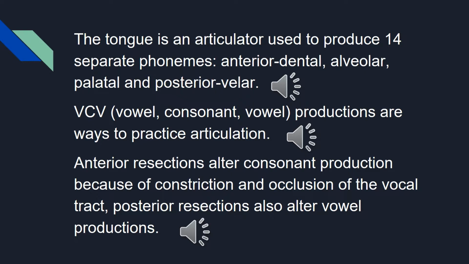Anterior resections of the tongue, in which the front of the tongue is removed, may alter consonant productions due to the constriction and occlusion of the vocal tract. Posterior resections, more commonly in total glossectomies, also alter vowel productions because a majority of the tongue is not there to be shaped.